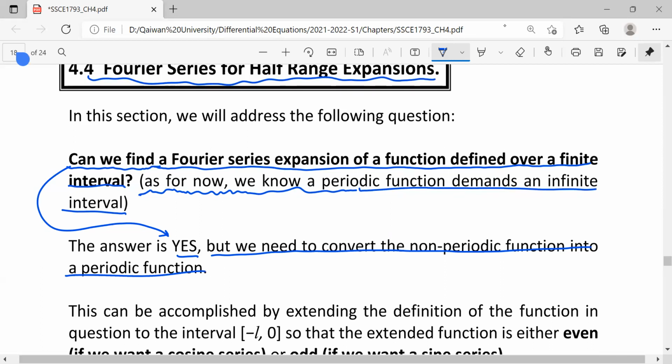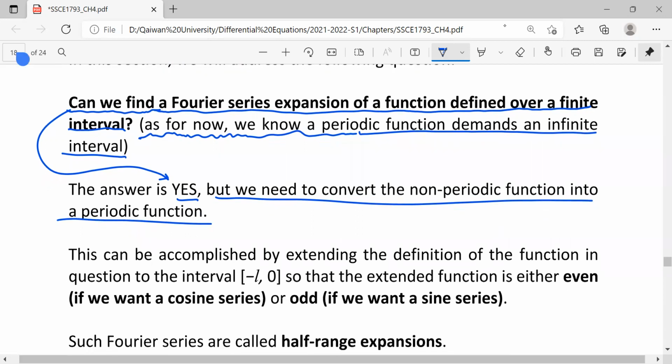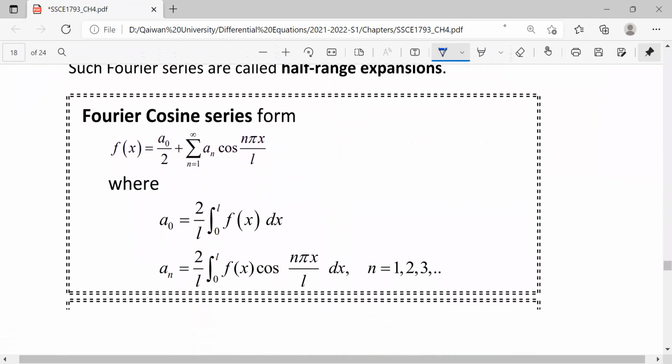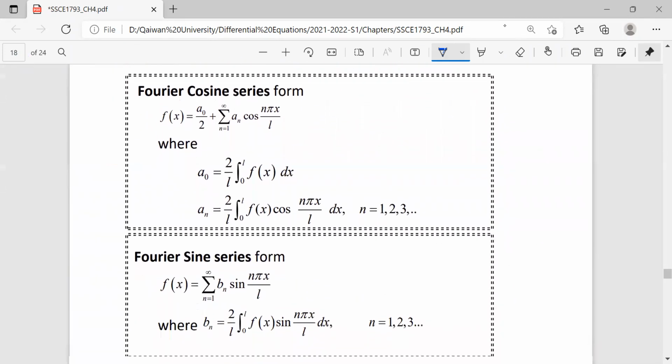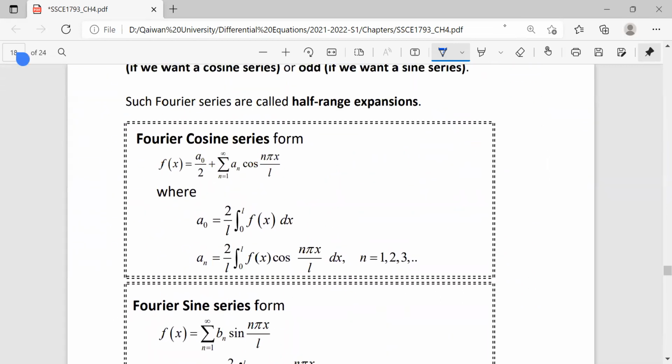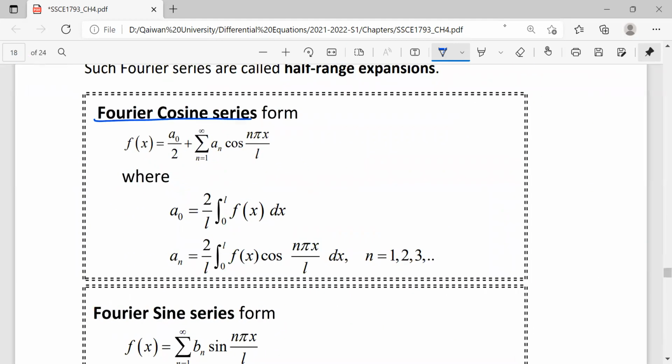So you must convert the non-periodic functions to periodic functions. Then we can do it. Here we have two types of half range Fourier series, which are Fourier cosine series and also Fourier sine series.